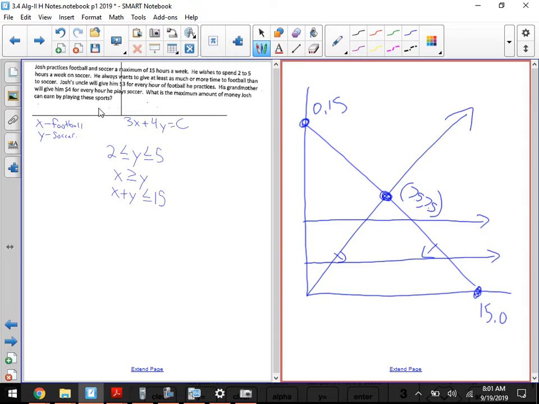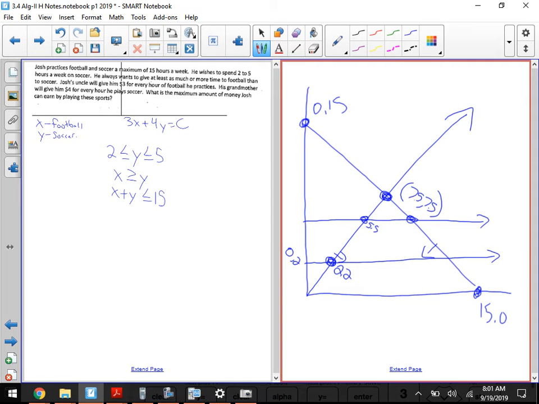Now, using that y equals x line, or x is greater than or equal to y, we know that the x and y values have to be equal at each value that it hits. So I know that here, it hit the y equals 2. So what are your x and y values? 2 and 2, very good. The other one would be at 5 and 5.